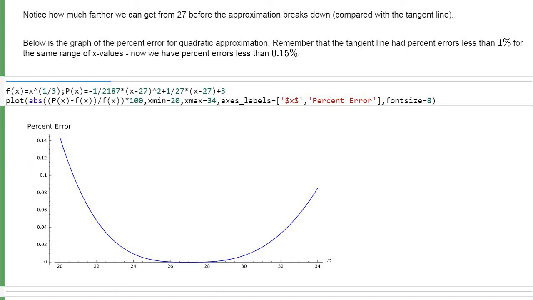So we got 0.15% on this whole range of x values. Notice also that close to 27, the error stays very small longer. This is kind of flat here. As you move away from 27, it's really, really small. That's much flatter close to 27 than was the case with the tangent line. Go back up if you want and compare that graph.